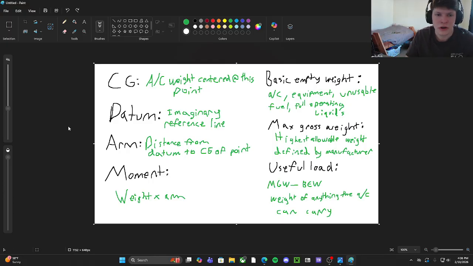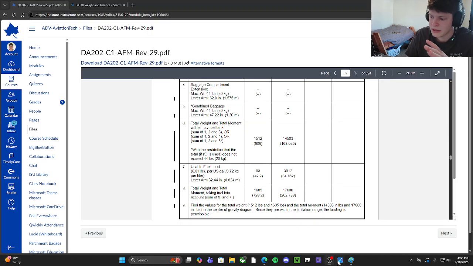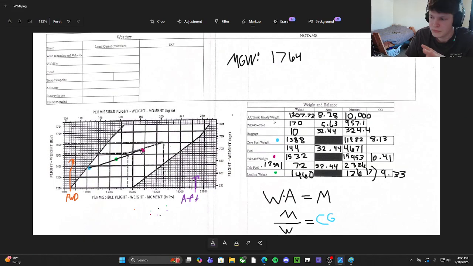And also just knowing that at most flight schools, you're not going to calculate a paper weight and balance every single time. I'm not going to go out and do these calculations on my own most of the time. Most of the time, I'll just get on a computer, plug it in, it does it for me. But it's important to be able to know how to do this, because again, they talk about in aviation, children of the magenta line.